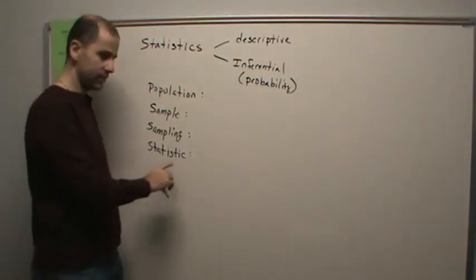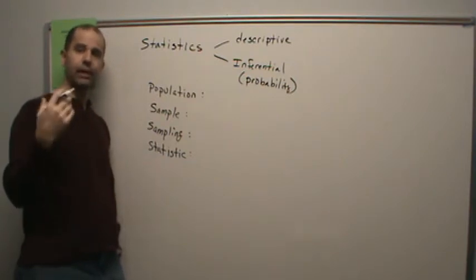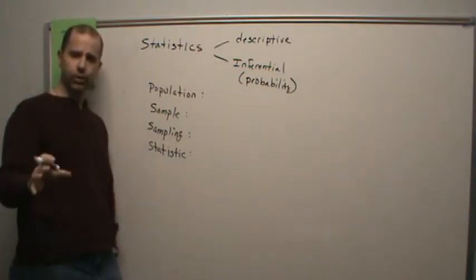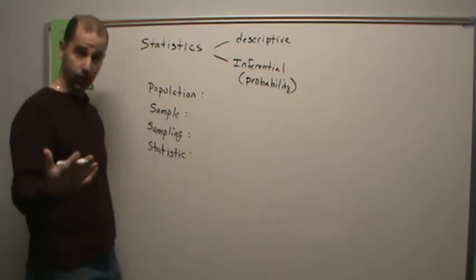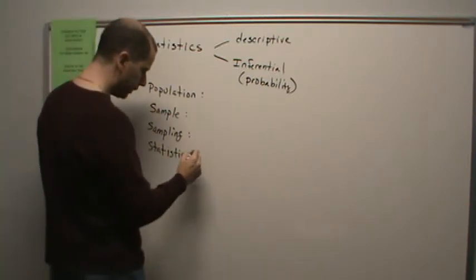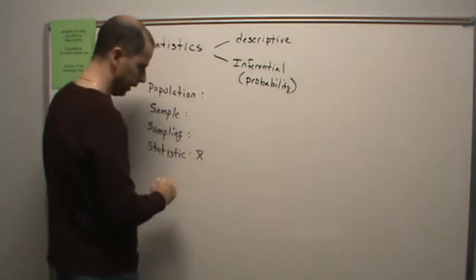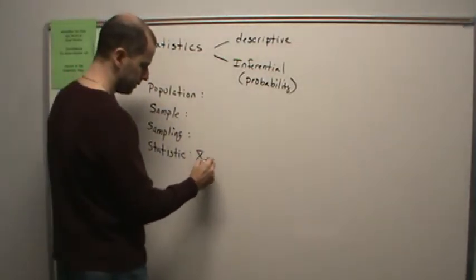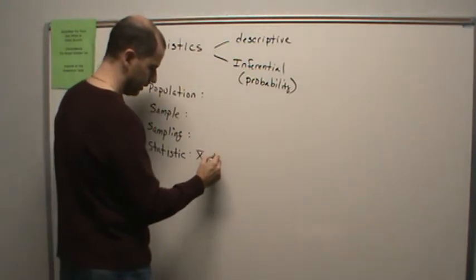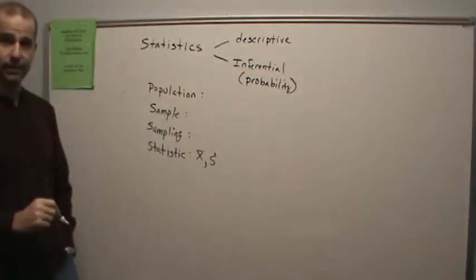Now here are the symbols for the different statistics that we're going to be dealing with. For example, the sample mean or average is represented by X bar. The sample variance is represented by S squared.